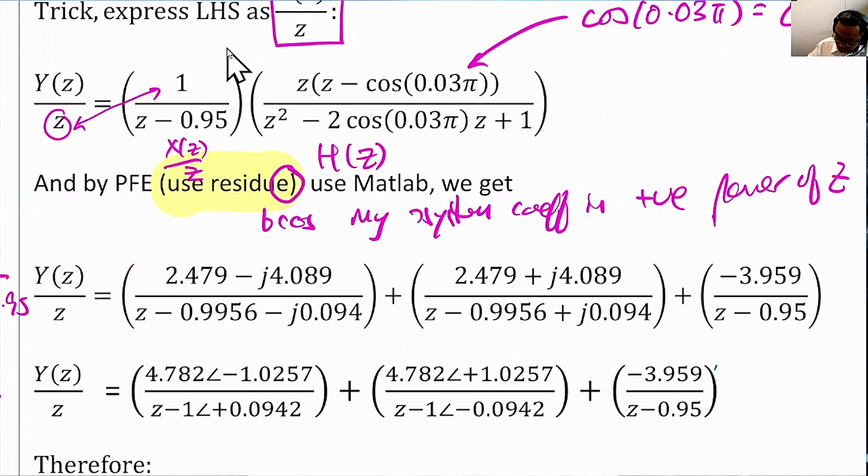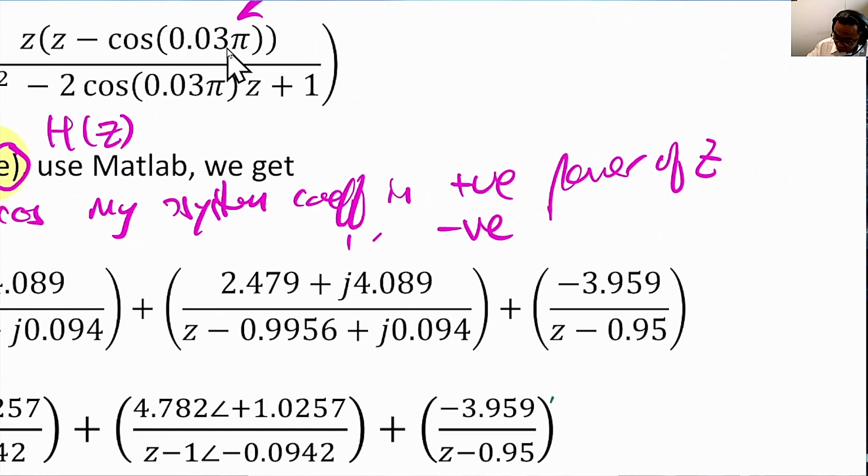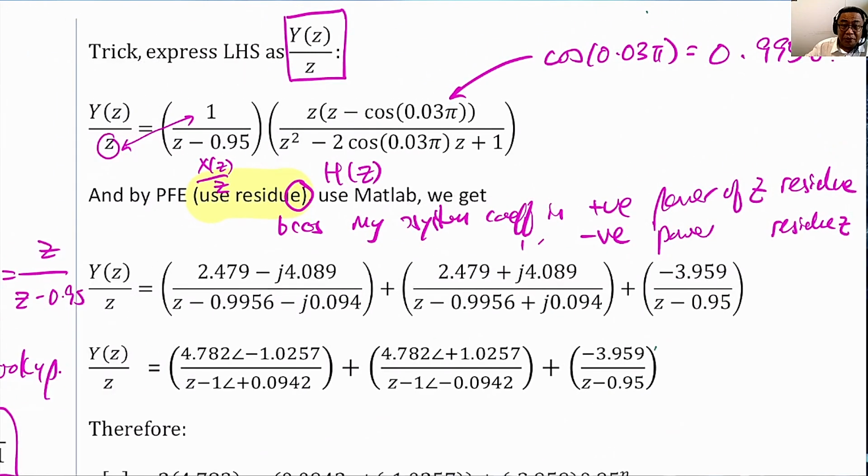In the last example, when your system coefficients were in negative powers, you must use residuez. Here we are going to use residue. So please use MATLAB's residue to convert this expression into the partial fraction expansion that I've shown you below. Go and try it by yourself to see whether you can jump from this step to this step using residue.